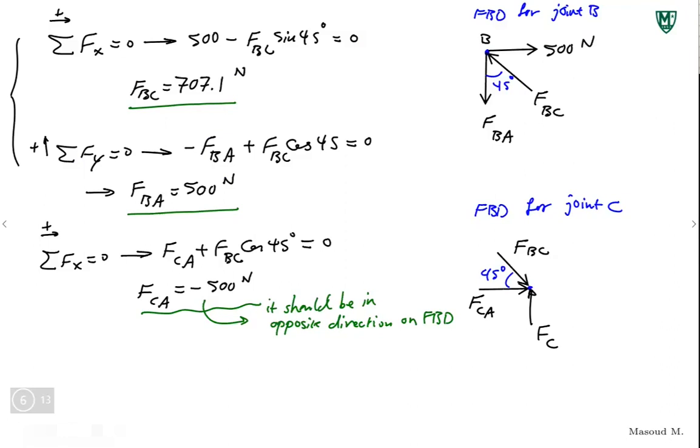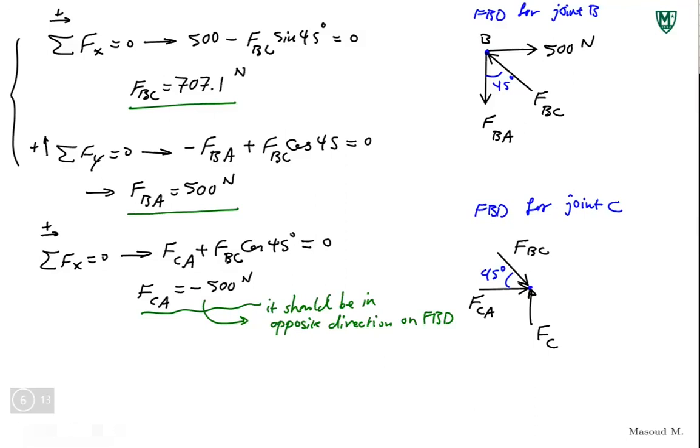Now, if the direction is flipped, can someone tell me whether this member, FCA, is under compression or tension? That's something that you need practice with. So now FCA is in this way. Exactly, it's under tension. Because when you flip this, you have the force in this direction, and the opposite of that is on your member.